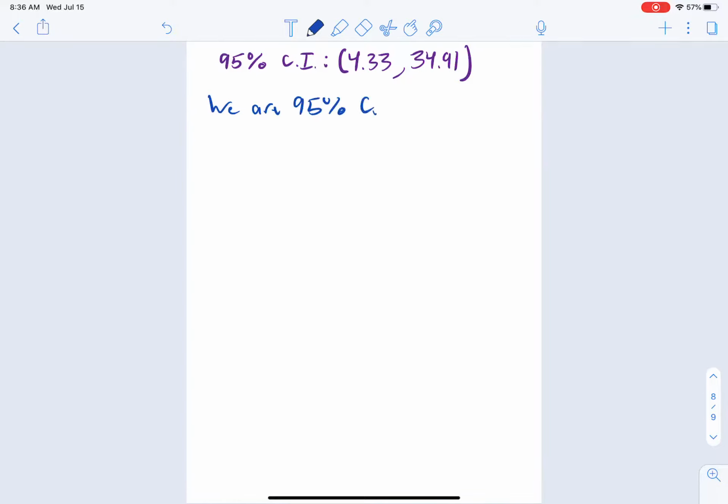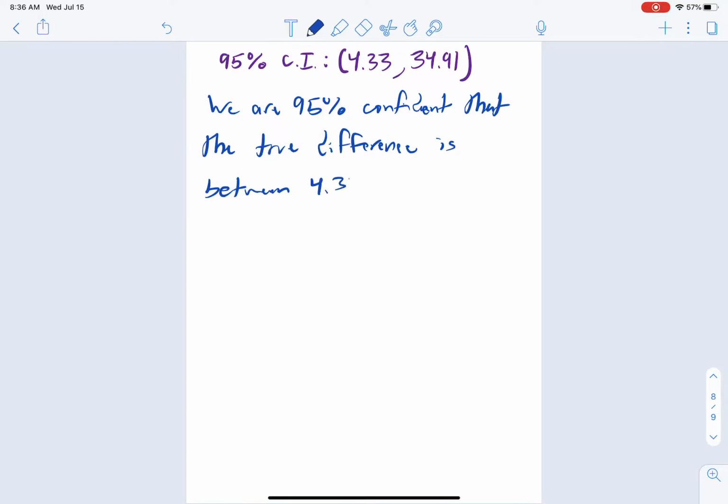What the heck? 95% confident, in English, that the true difference, the true mathematical difference, straight up, if we got both populations and took their means and subtracted them, we are 95% confident that the true difference is between 4.33 seconds and 34.91 seconds. Okay, so now that's a fairly large interval, right?